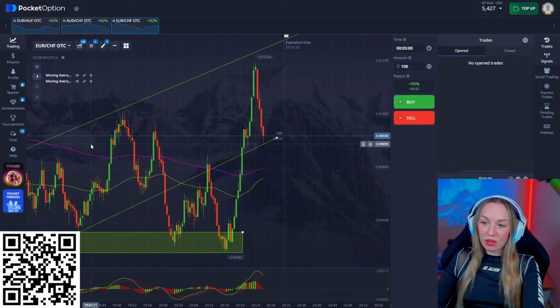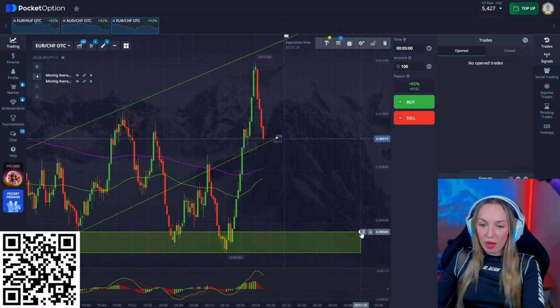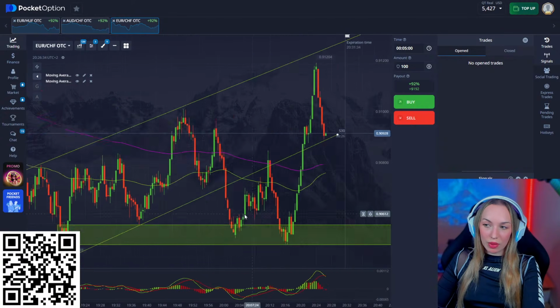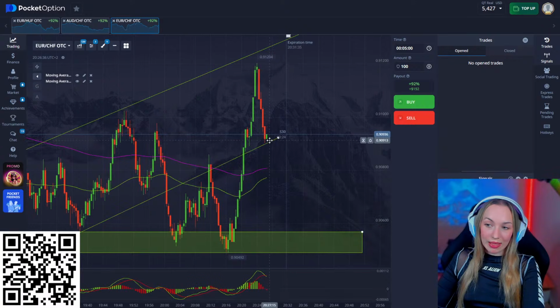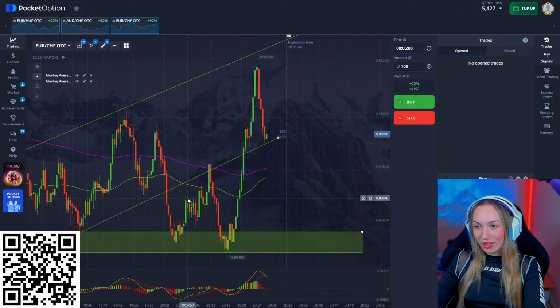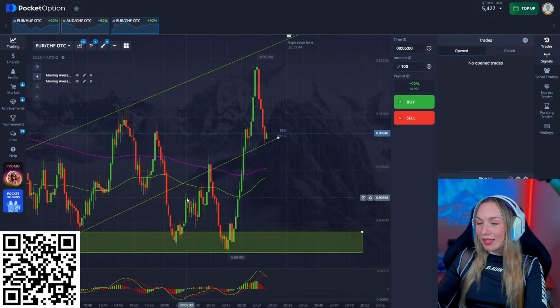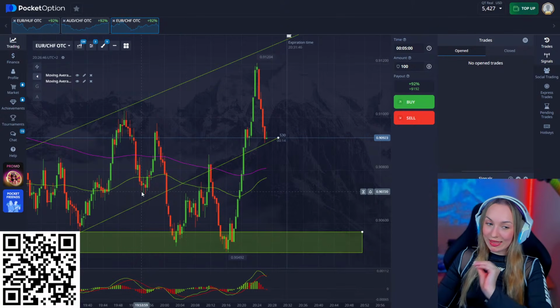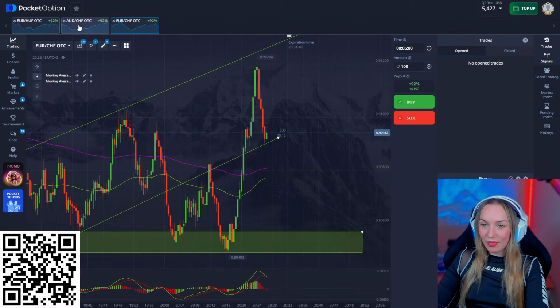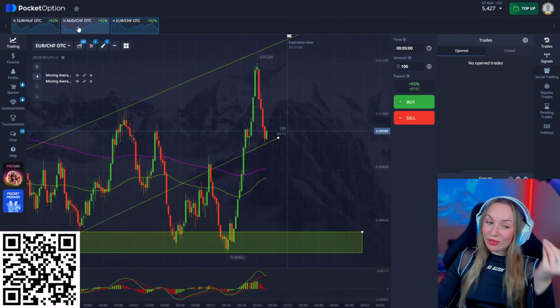So maybe it's not the best idea to open the trade here right now. Maybe it's better to open the trades here only in the upward direction. And you see, actually, it reacts on the support that I drew here. So you see, when you have experience, you can already see where exactly the support and resistance is. And the price just confirms it.